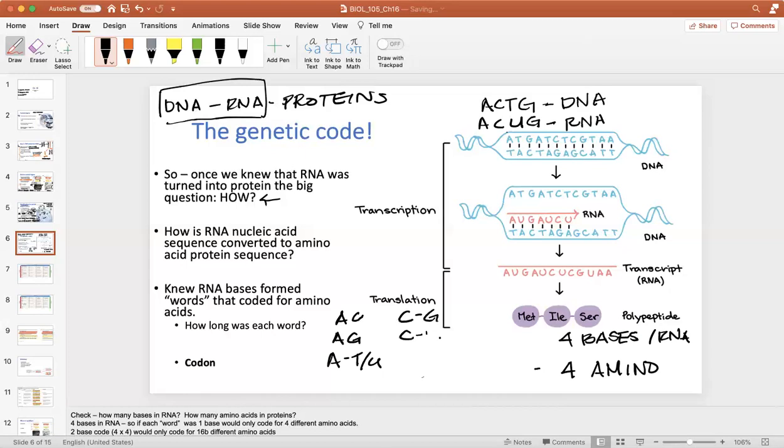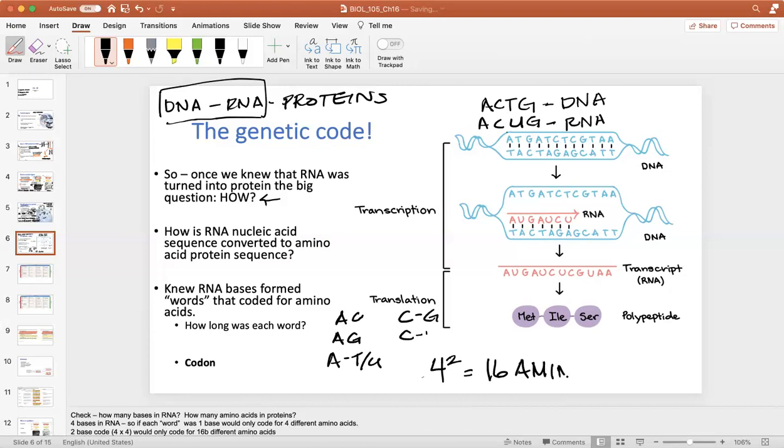If you work this out, it comes out to be 4 to the second mathematically. 4 to the second, or 4 squared, as you guys know, that would ultimately end up in 16 amino acids.